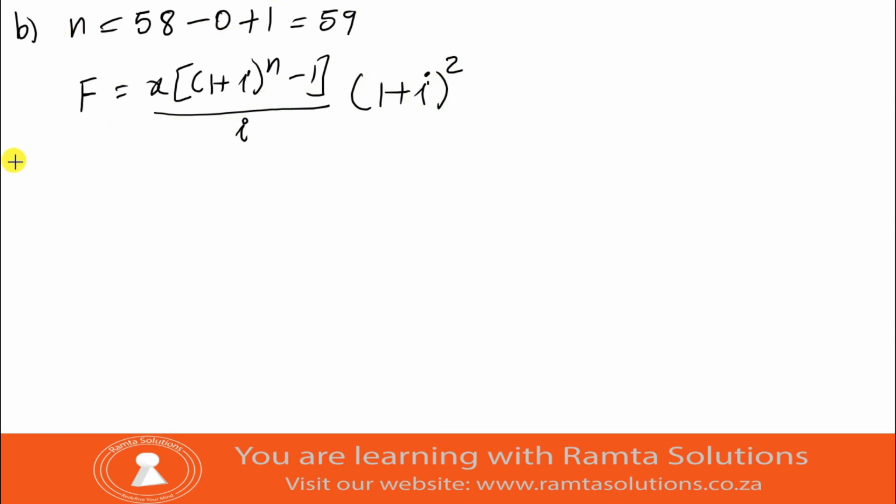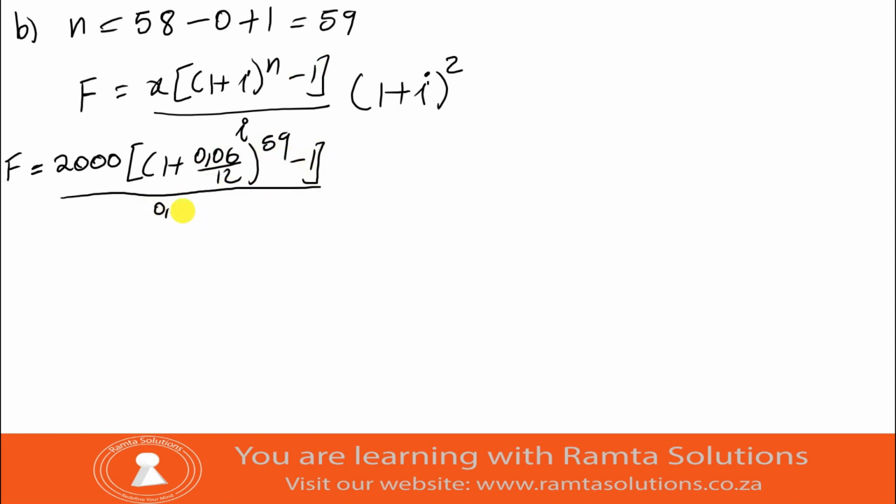So future value is, what was the installment? It was 2,000 into 1 plus 0.06 over 12 to the power 59 minus 1, all over 0.06 over 12, and 1 plus 0.06 over 12 to the power 2.